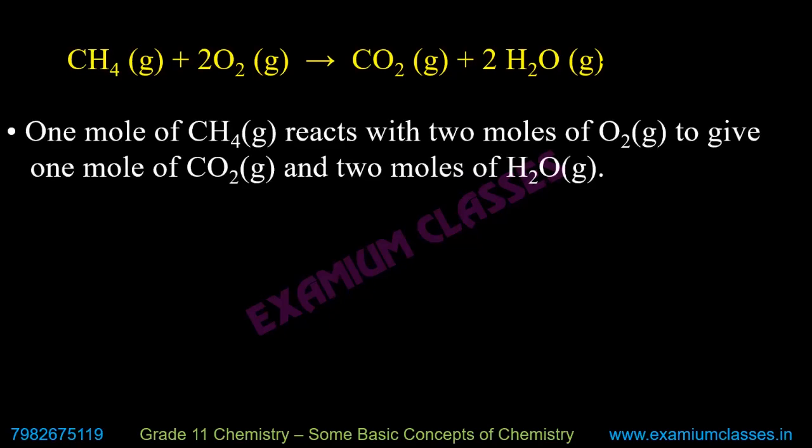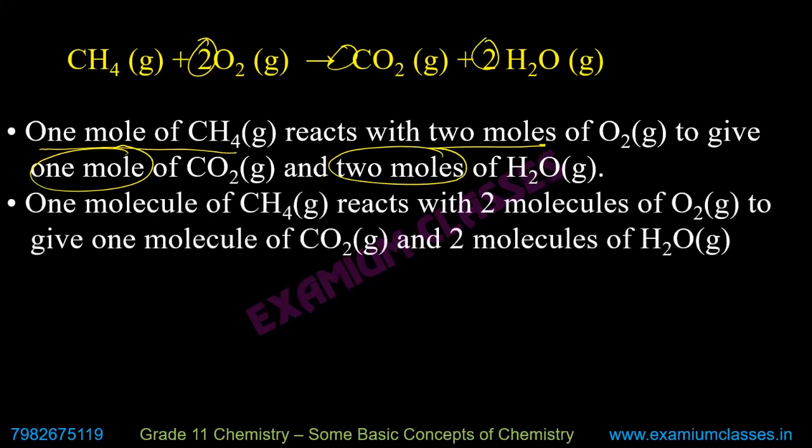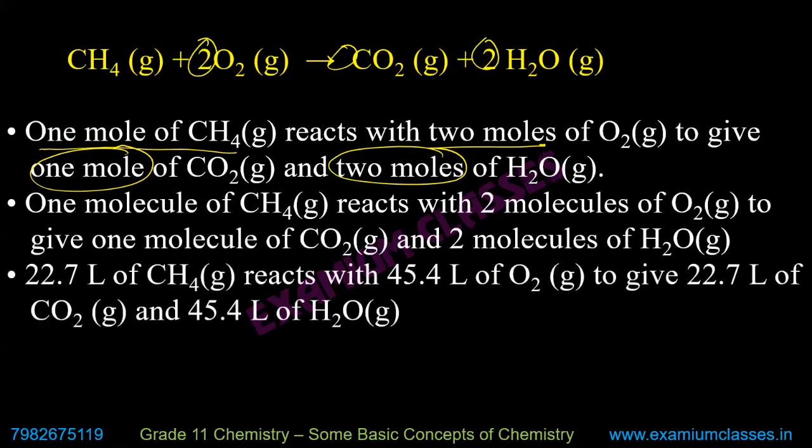Okay, so just repeating the same thing. 1 mole of CH4 reacts with 2 moles of O2 to give 1 mole of CO2 and 2 moles of H2O. Or you can say 1 molecule of CH4, because there is a straightforward relationship between mole and molecule.